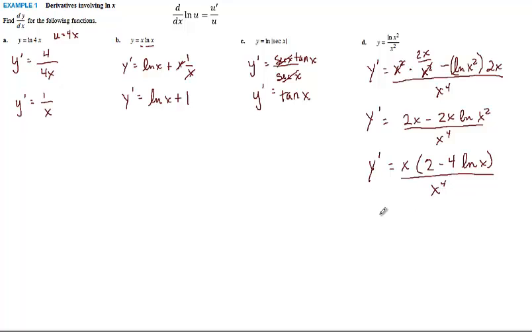Either way, I'm still going to get the same answer. Y prime equals 2 minus 4 natural log of x over x cubed. You could factor that 2 out, won't do anything, but if you like it that way, you could write it that way too.